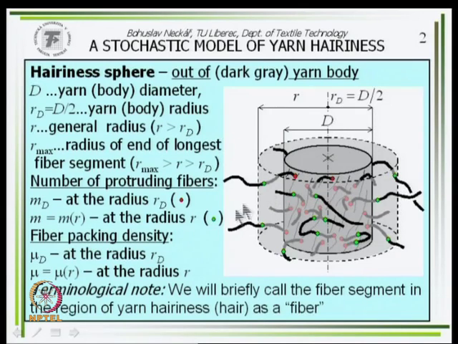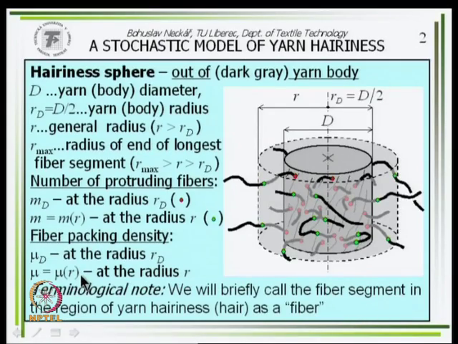At a general radius r, the corresponding fiber packing density is mu. You can imagine that this mu is smaller than mu D, because some fibers have their end between this radius rD and r. So packing density mu r is also some function of radius, a decreasing function of radius, isn't it? Yes.